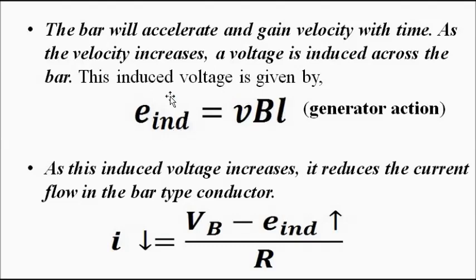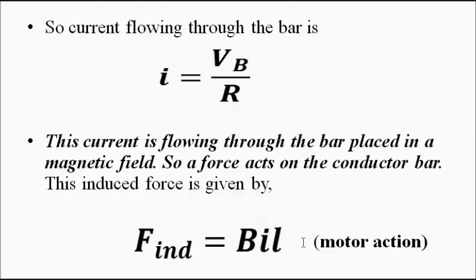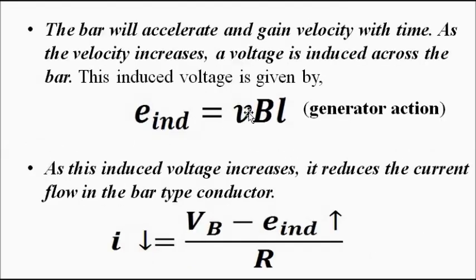Now here we are getting an electrical output. Induced voltage is an electrical quantity. So this is the basis of a generator, because the definition of a generator says it converts mechanical energy into electrical energy. So F equals to BIL is for motor action, and EIND is equal to VBL is for generator action.